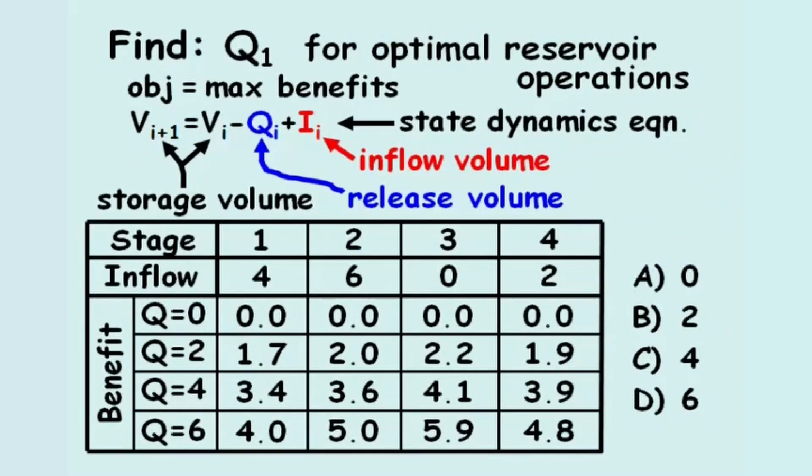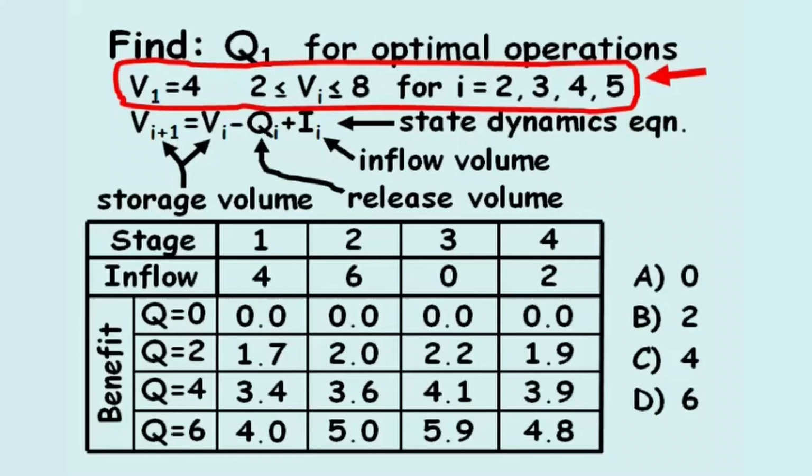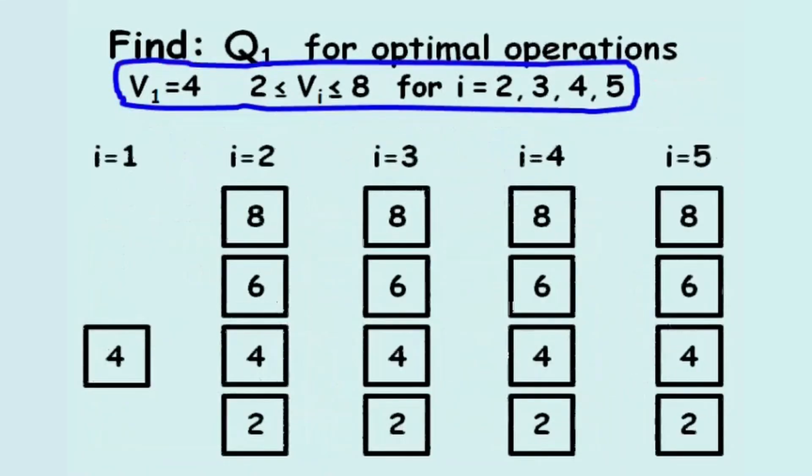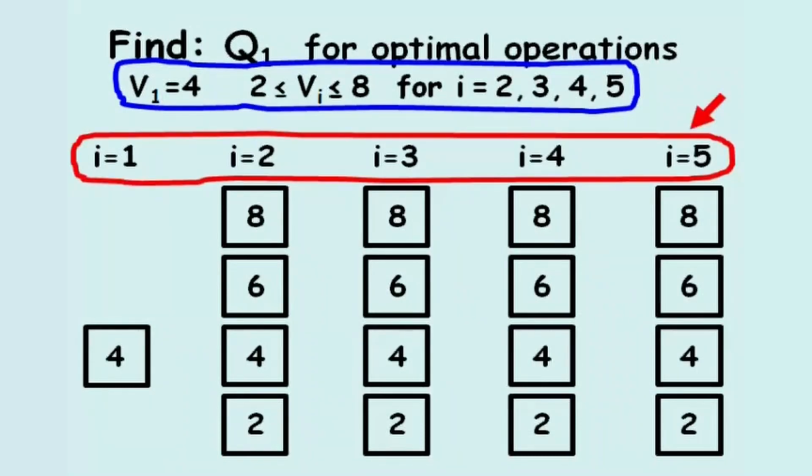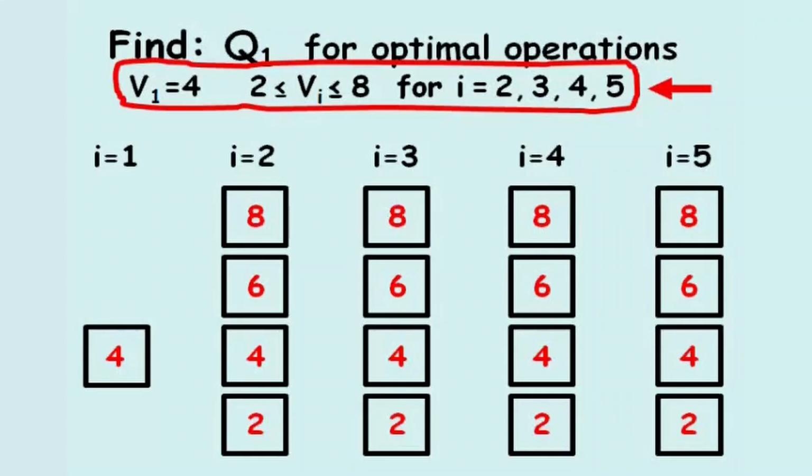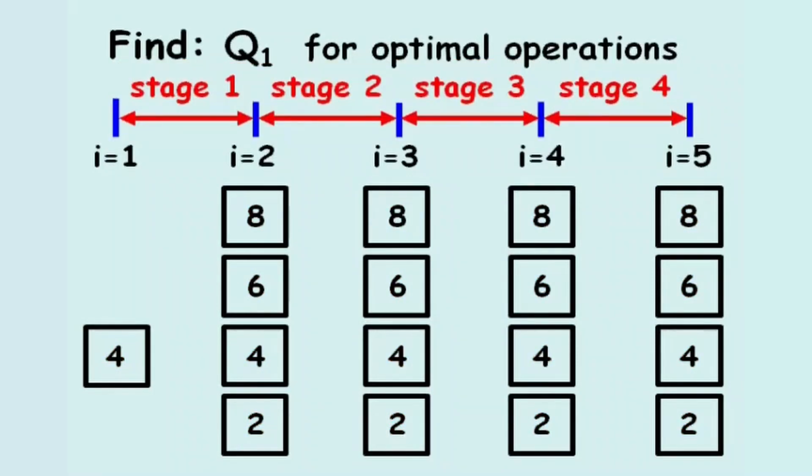We can represent the possible reservoir storage volumes for all stages using a box diagram, where the different states of the reservoir I1 through I5 are labeled sequentially, and the numbers in each box, 2, 4, 6, and 8, represent the possible storage volumes for each state I. From this diagram, we can label the 4 stages as the space between state I and state I plus 1.